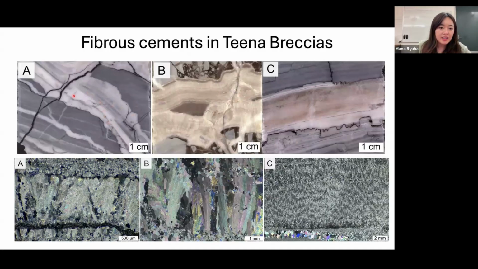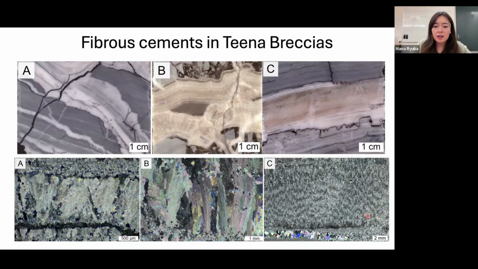So these fractures tend to be infilled with fibrous cements, and there are several different types that we've described. This is radiaxial fibrous cement, this is a fascicular fibrous cement, and herringbone cements.